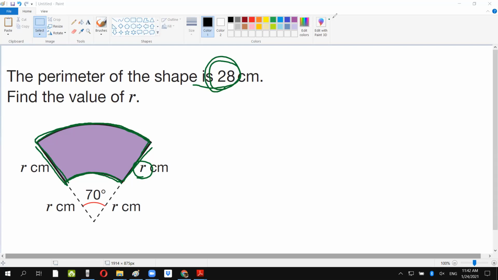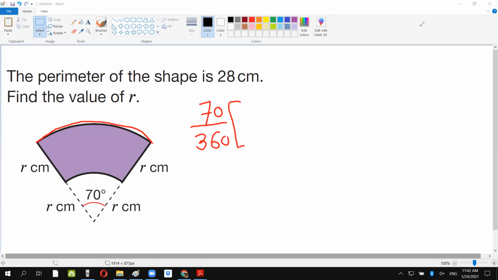Let's do it one by one. I will study the first curve, the big one. Is it clear, guys? Okay. 70 out of 360 times 2 times pi times r.